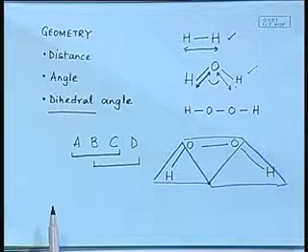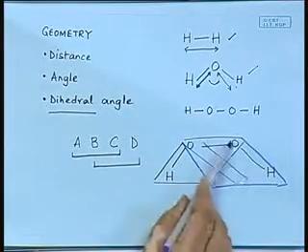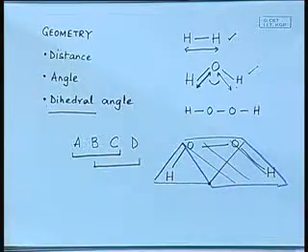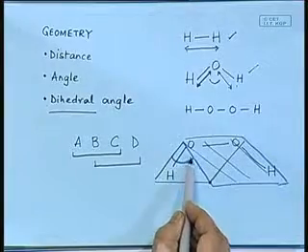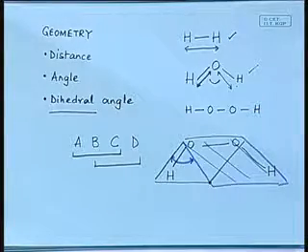I have two planes. One is this plane that I have here, and one is the plane behind that I've drawn there. Do I have an angle between the two planes? I do. This angle. This is my dihedral angle. Okay, is that clear?